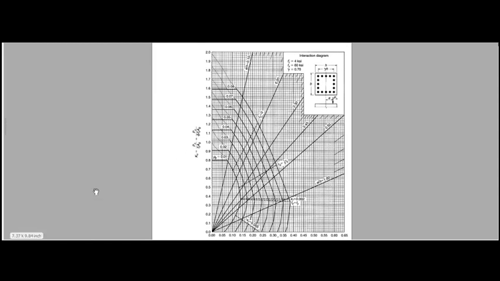We also have a similar pattern with fc prime equals 4 ksi, fy equals 60 ksi, and gamma equals 0.7, but we don't have 0.667. So what we'll have to do is apply the unitary method or interpolation, whatever you call it.